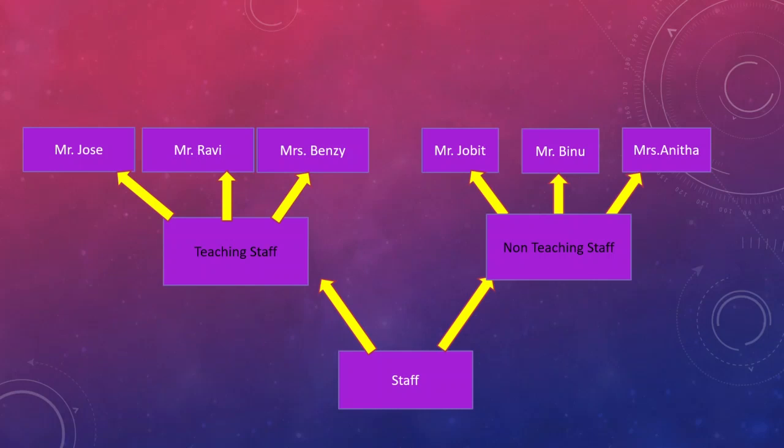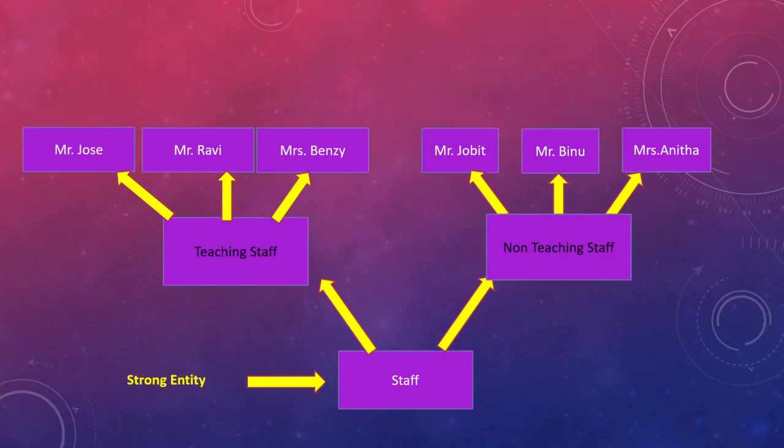When we come to teaching staff, Mr. Jose, Mr. Ravi, Mrs. Bensi are all instances of teaching staff. When we come to non-teaching staff, Mr. Jobit, Mr. Binu, Mrs. Aniza are all instances of non-teaching staff.